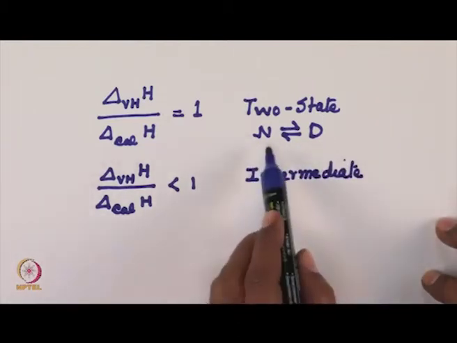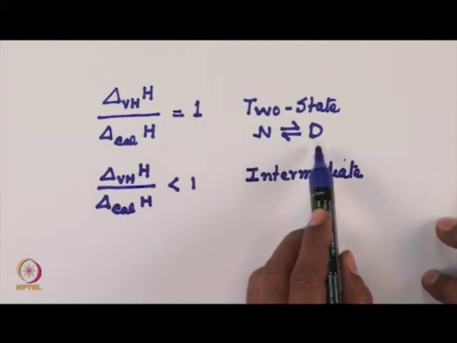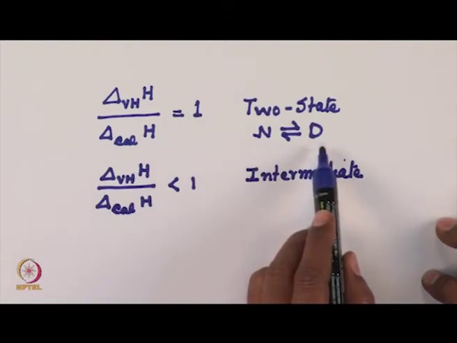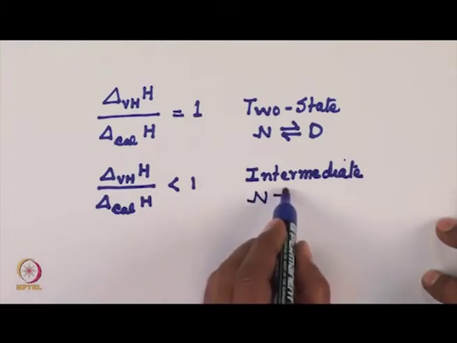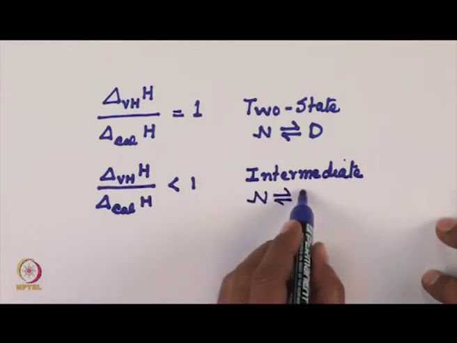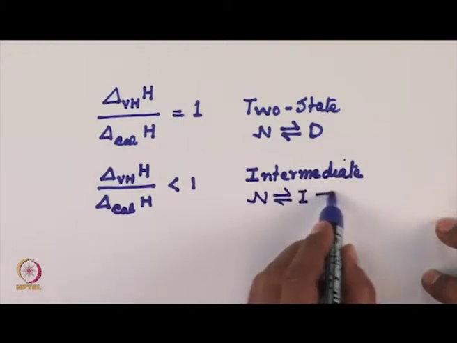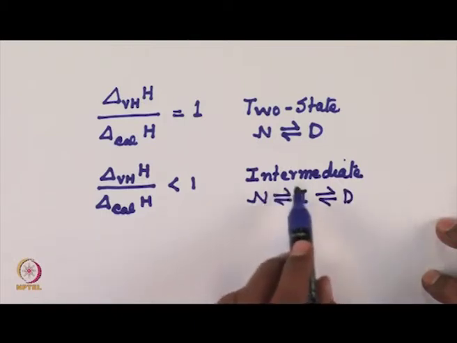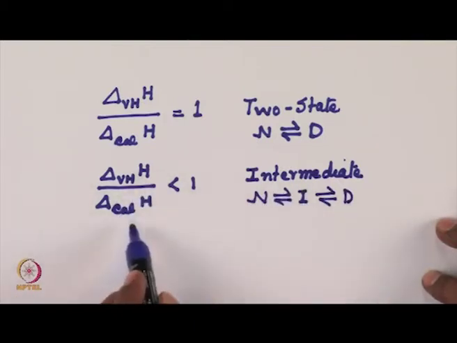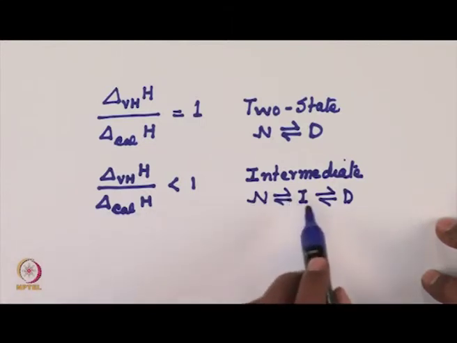Then the mechanism is no more N going to D. There could be, for example, N in equilibrium with I, and the intermediate in equilibrium with D. If the Van 't Hoff enthalpy is less than the calorimetric enthalpy, the conclusion to be drawn is that there are one or more intermediates appearing in the overall unfolding process.